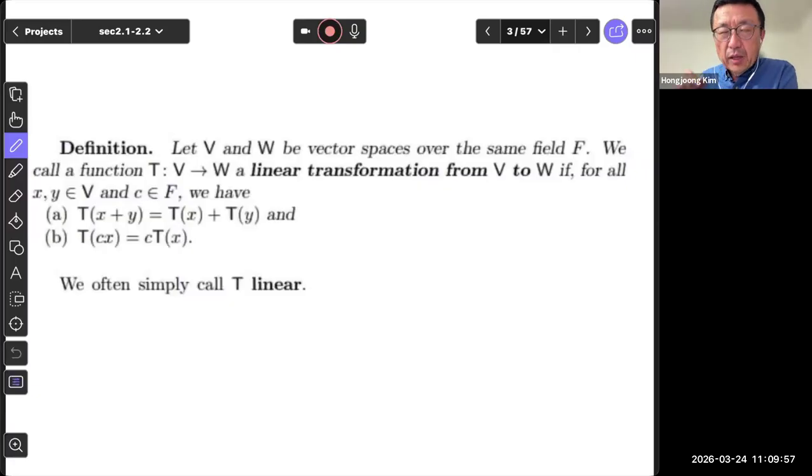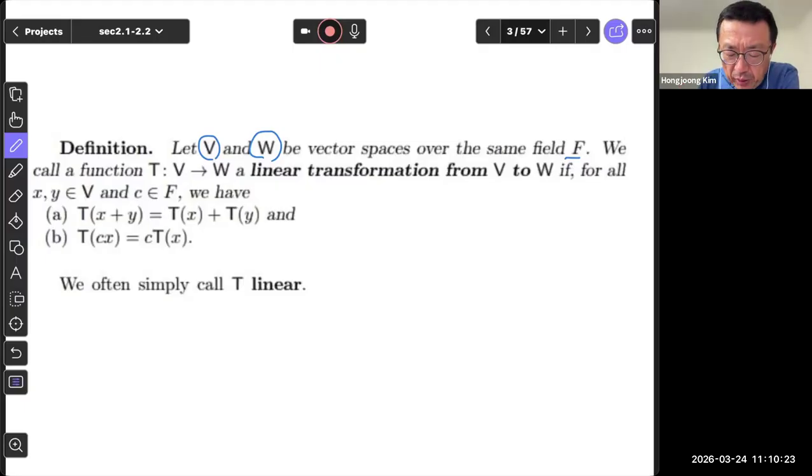So suppose that we have two vector spaces V and W, and suppose that they have the same scalar field F. Meaning both the spaces are defined over, say, the real numbers or the complex numbers. So V and W have the same scalar field.